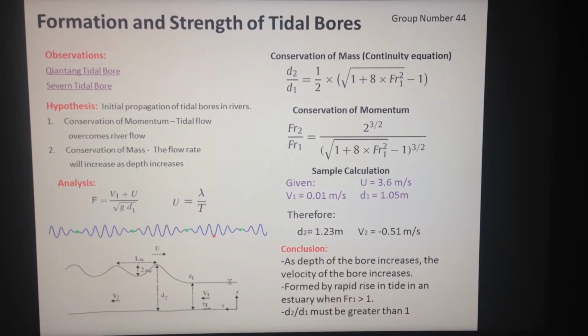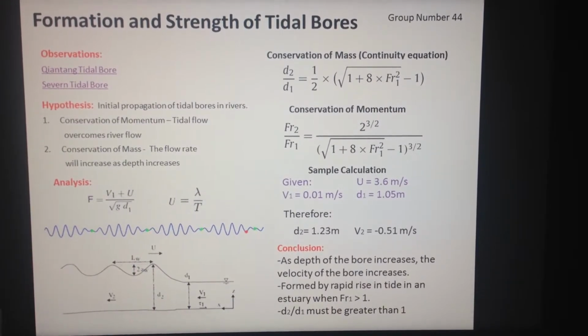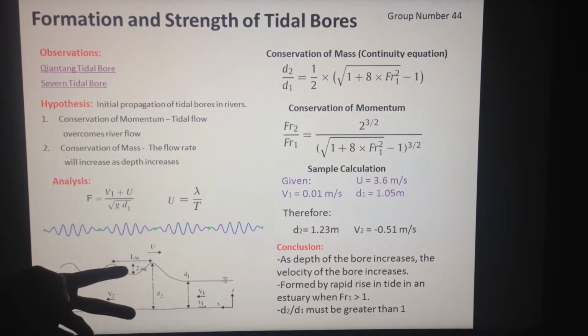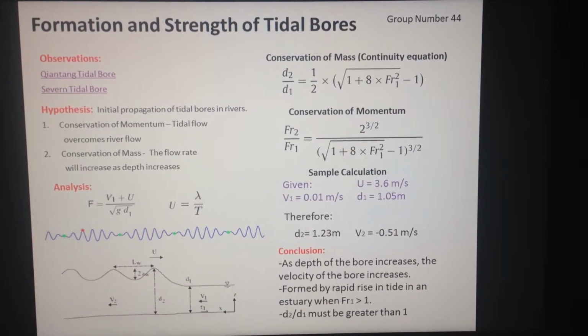And a bore will occur whenever the ratio of D2 and D1 is greater than 1, because the depth will be higher than the original depth of the river, causing a flow upstream.